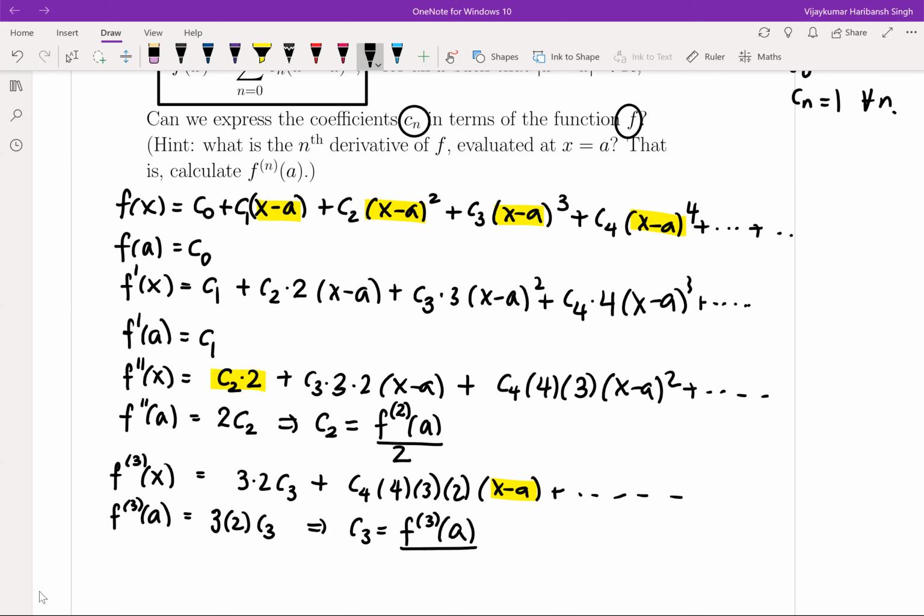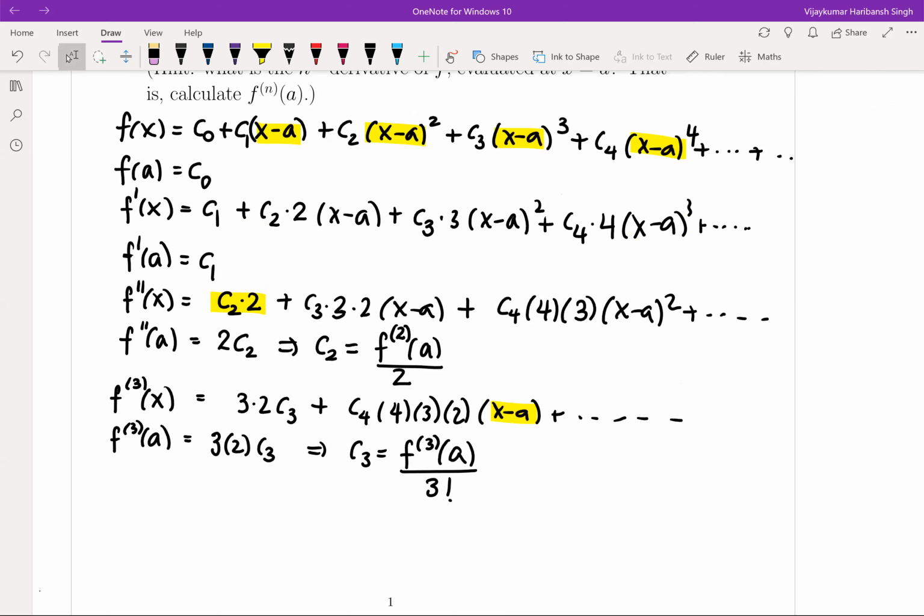That almost looks like 3 factorial. Let's verify that. So we have the fourth derivative. The fourth derivative of this is going to be, again, in that case, this will become 0. You'll have c4 times 4 times 3 times 2 times 1, which is 4 factorial, plus c5 terms, which have x minus a in them.